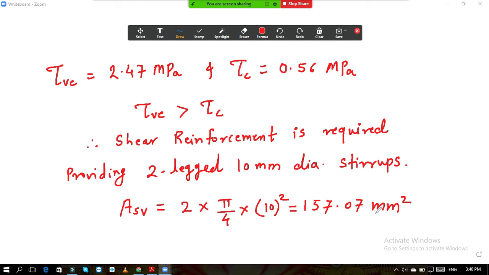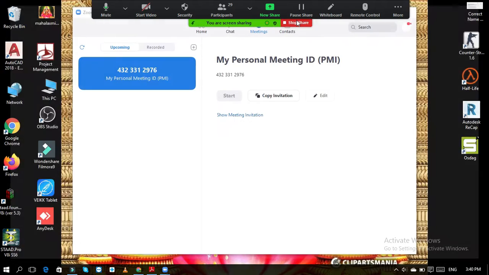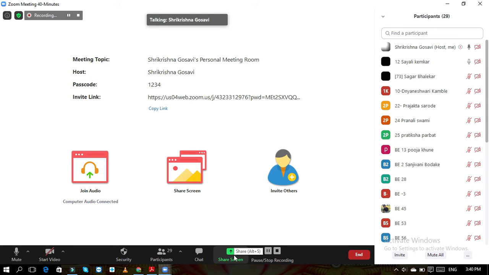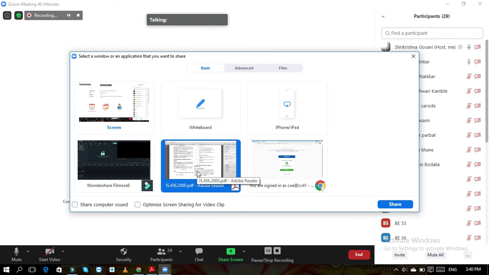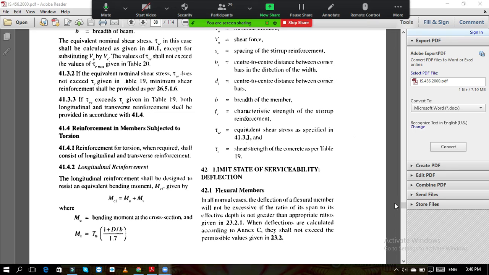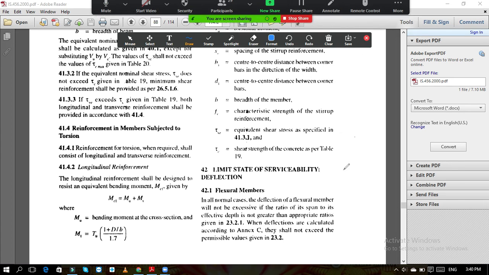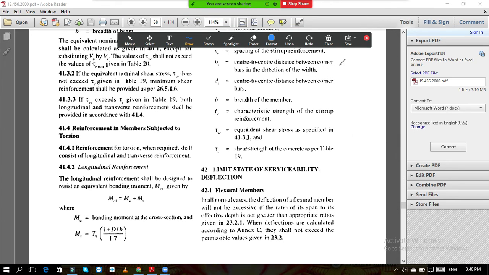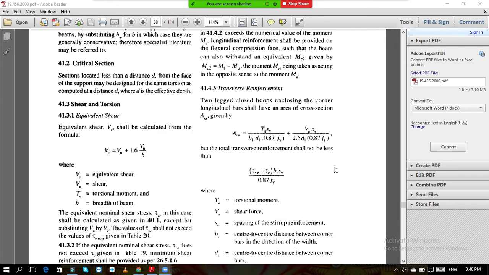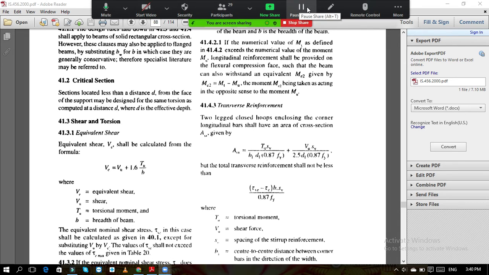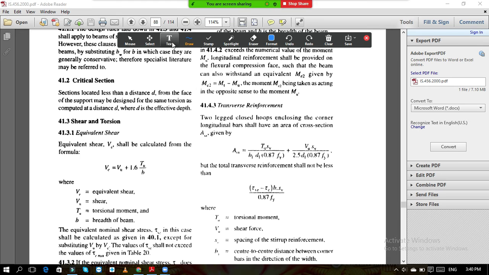On that page, the formula is given. So in the IS code, this formula we can use to calculate the spacing of the stirrups.